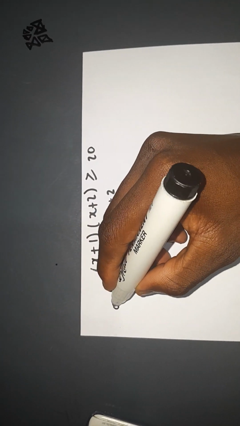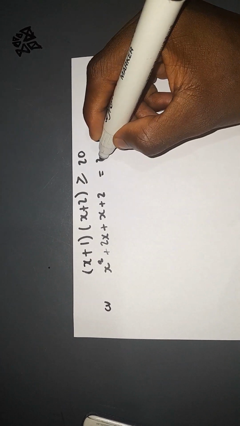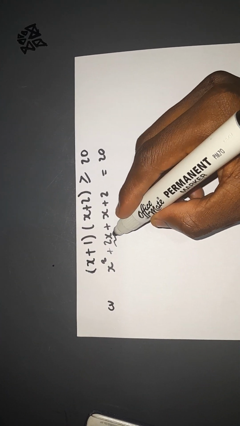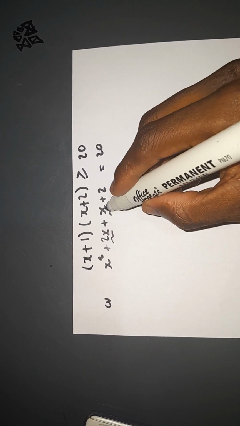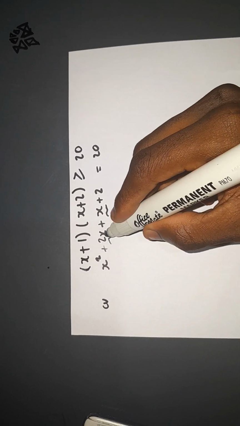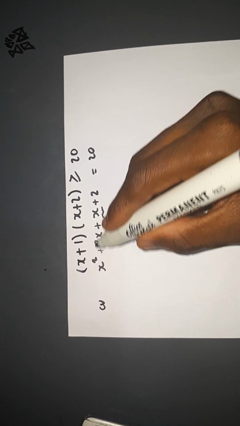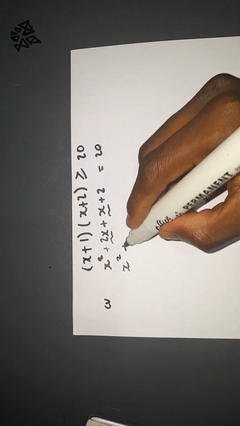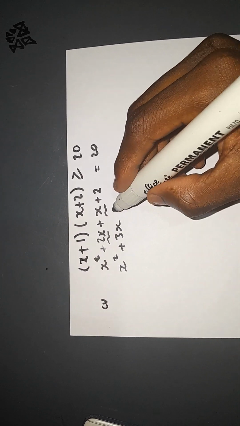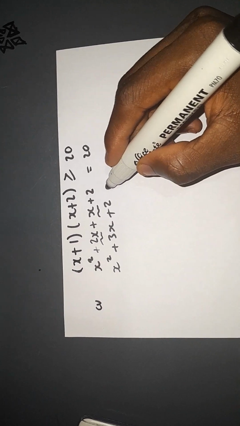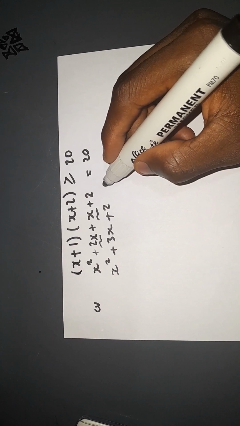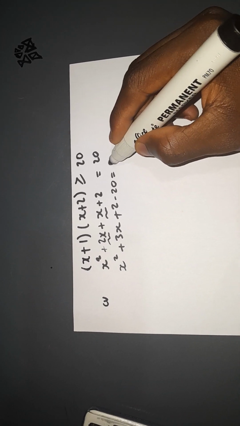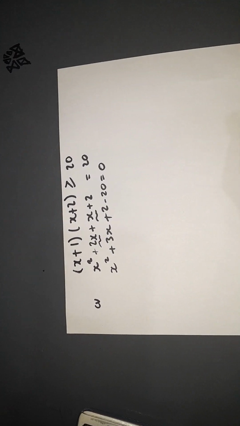And now we have done this. So now what are like terms? This and this are not like terms, good, because the exponents are not the same. So now this will give us 3x plus 2, and then the next step, good, we can now take this to the left side and start factorizing again.